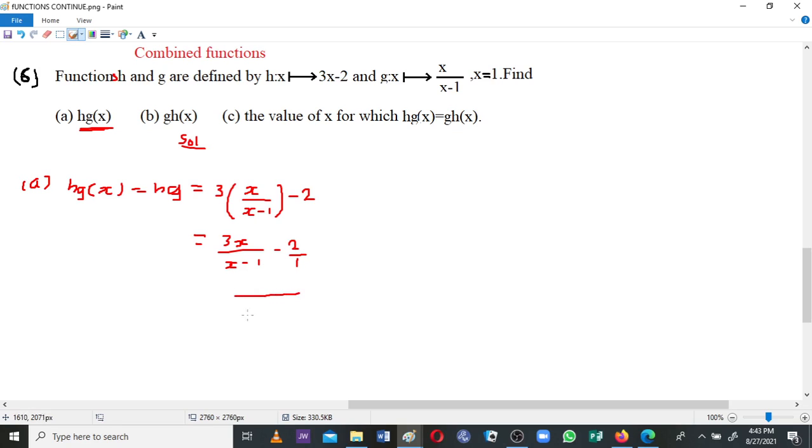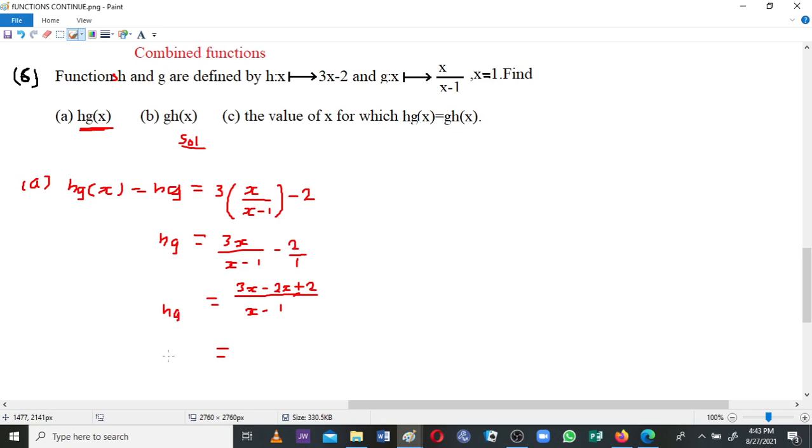So you have your lowest common denominator there, which is x minus 1, and on top we're going to have 3x minus 2x, then plus 2. Now remember what we are having here is hg.